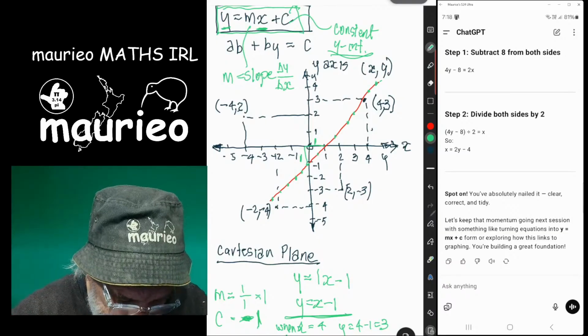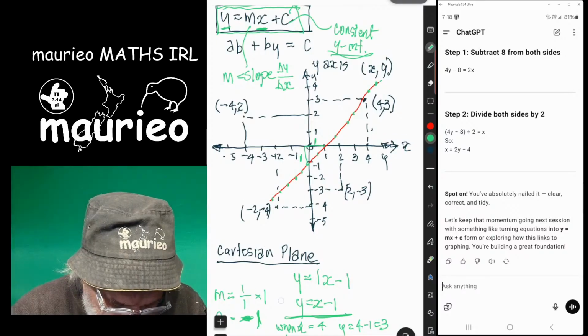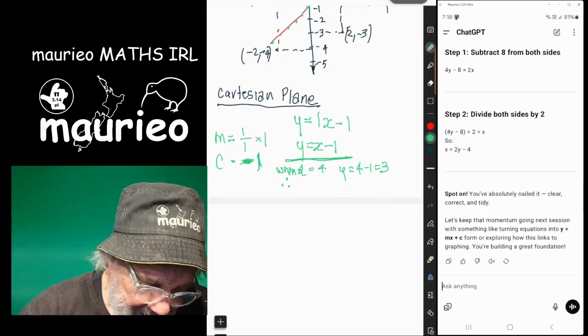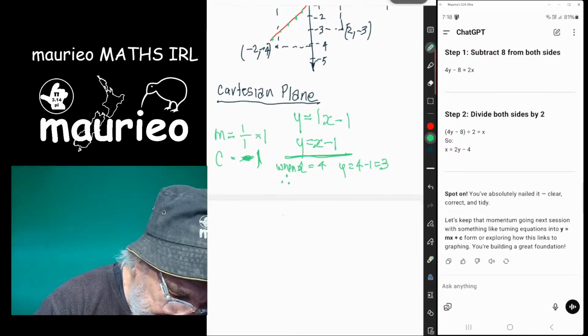Might be running out a bit of room there. Therefore, and I'll write it down here so that we can see it.